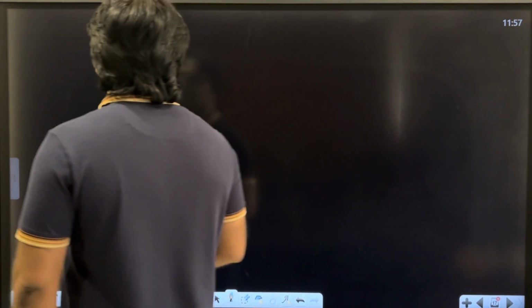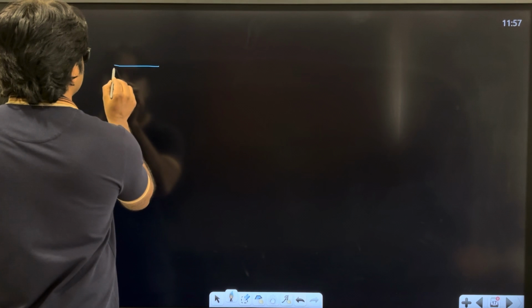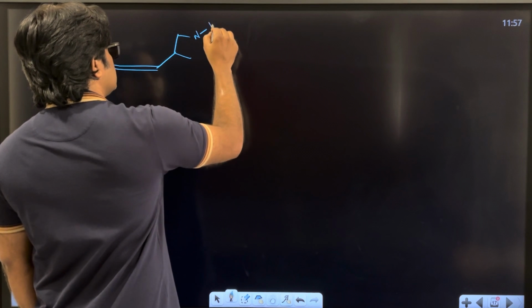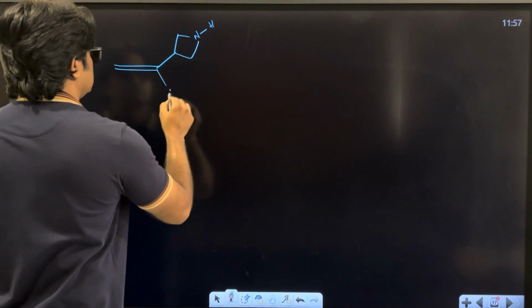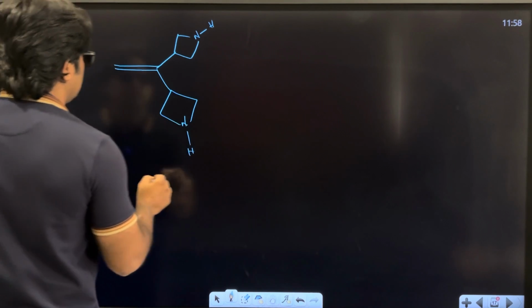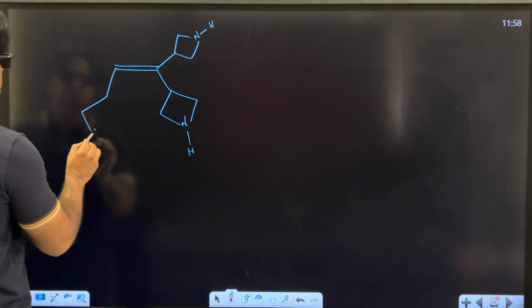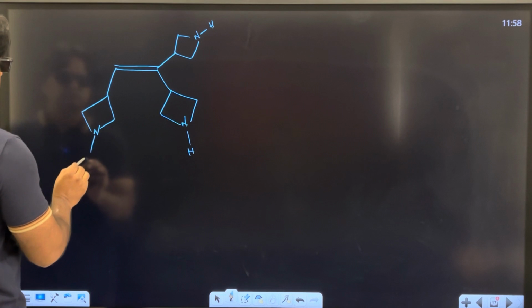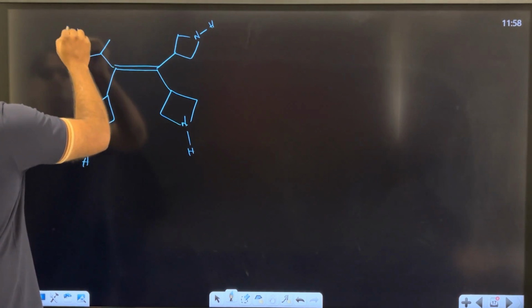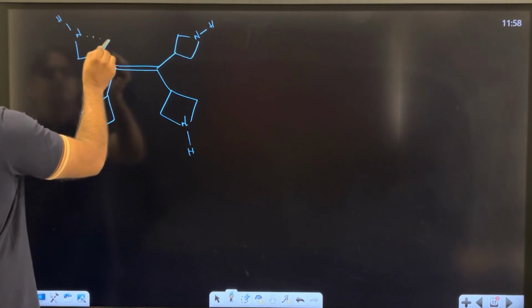For example, here a double bonded system is given, NH, NH. Is geometrical isomerism possible here or not?